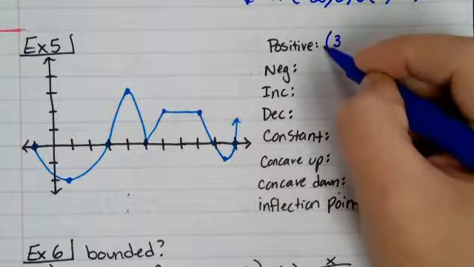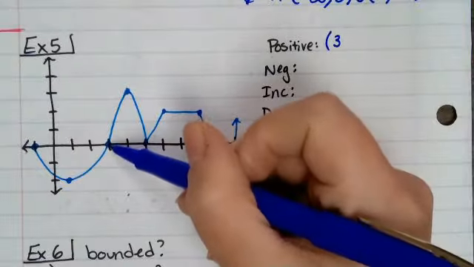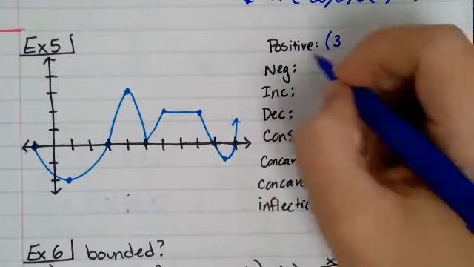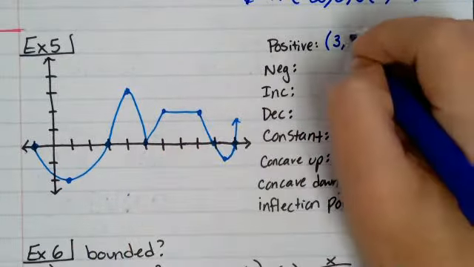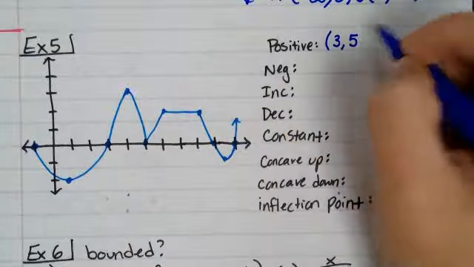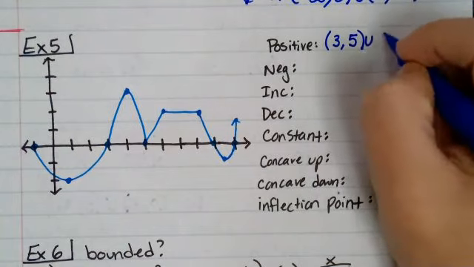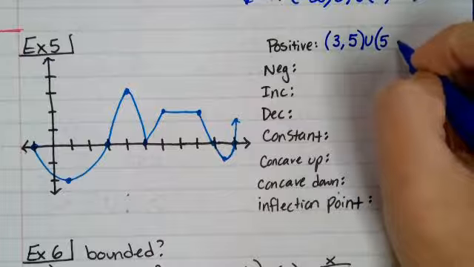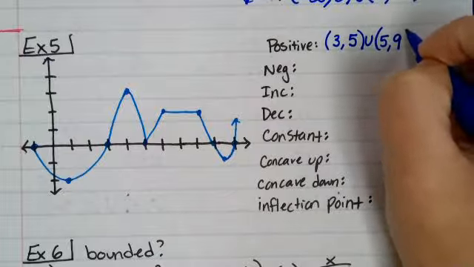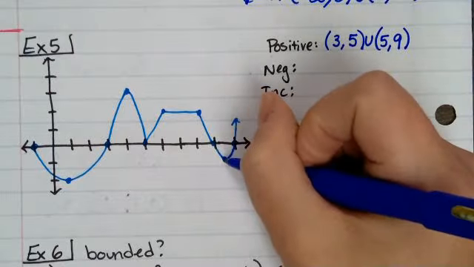So we're putting the little parentheses here to say it's not where the graph equals 3, but that is the point where it begins to go above. And so it's from 3 until 1, 2, 3, 4, 5, and then it hits the x-axis again, so it is no longer positive. But then it jumps right back up, so from 5 all the way to 6, 7, 8, 9, when it goes back down, then it drops below.